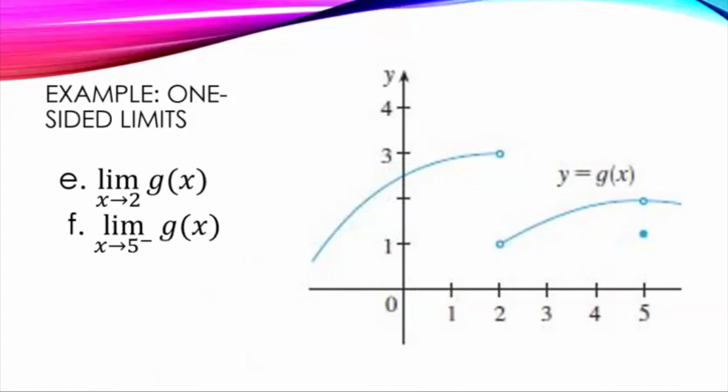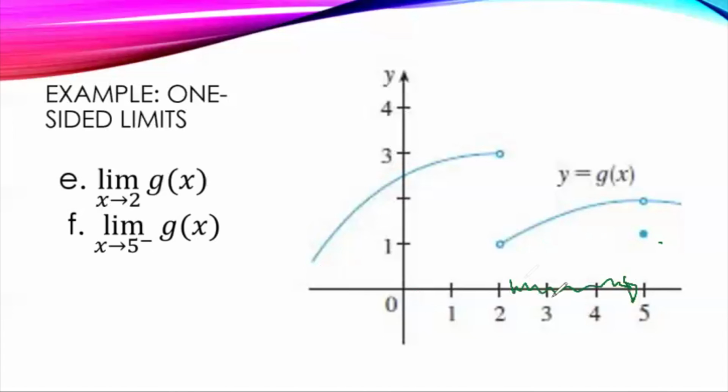how about the limit of g of x as x approaches 5 from the left? So you consider this one. Again, this is our g of 5, which is 1 point something. When we consider the limit of g of x as x approaches 5 from the left, look at the graph that is formed using values from the left of 5.